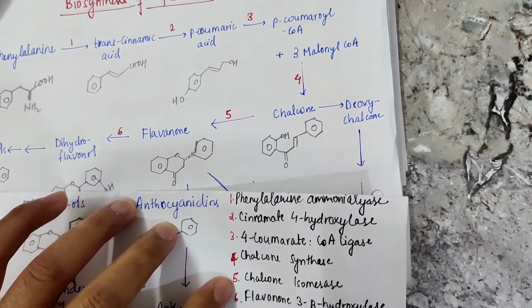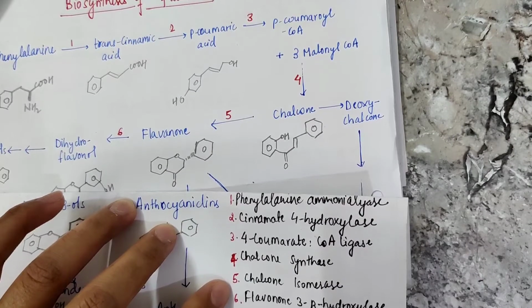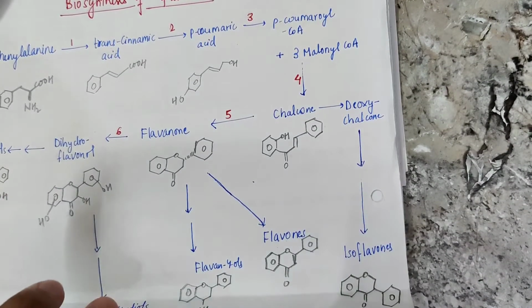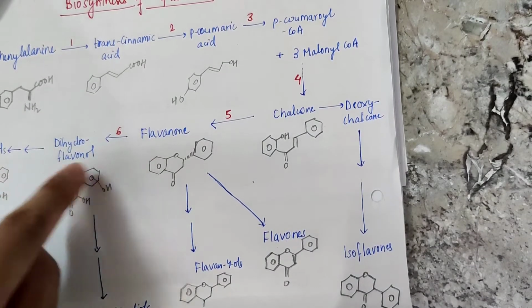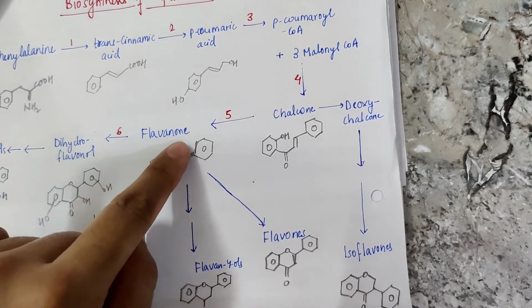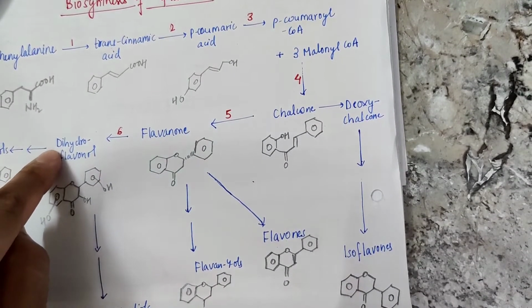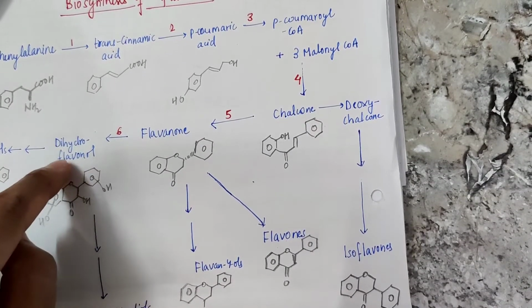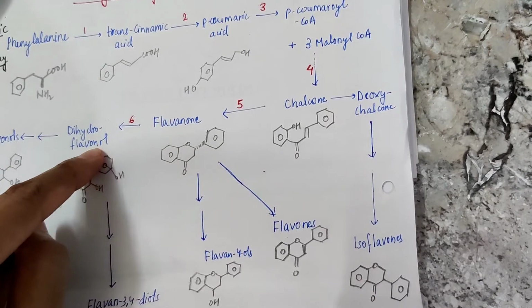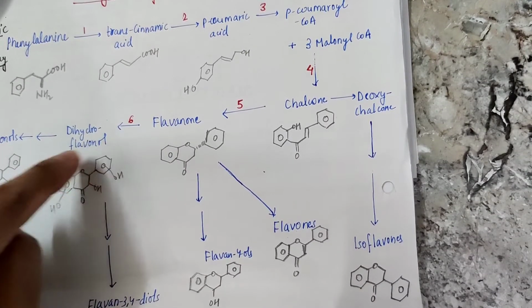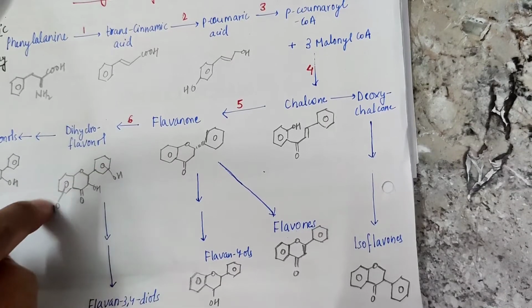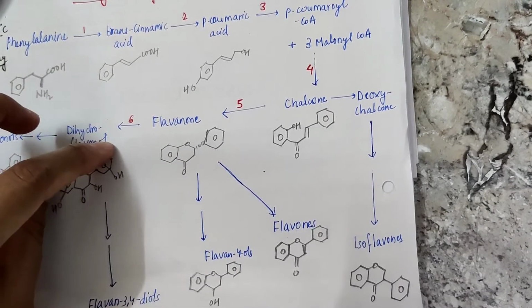Now this flavanone, in the presence of flavanone 3-beta hydroxylase, will get converted to dihydroflavonol. That means a hydroxy group will be added, so 2 hydroxy groups will be present on the phenyl rings.